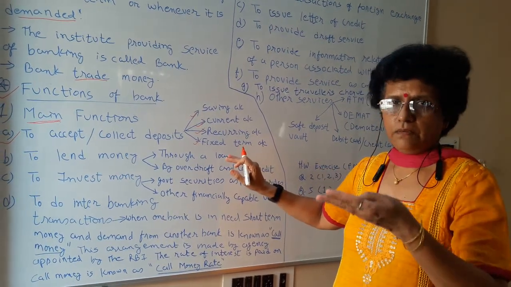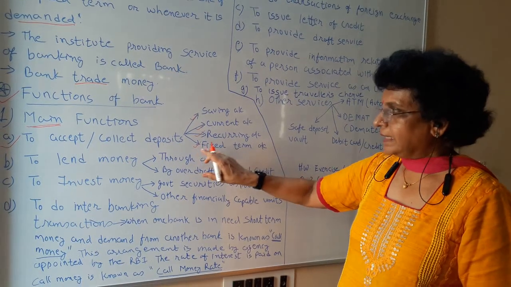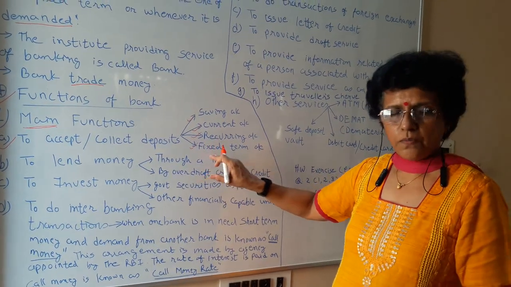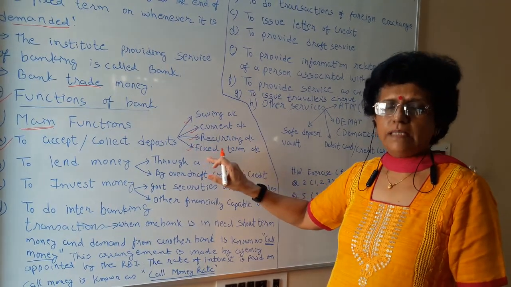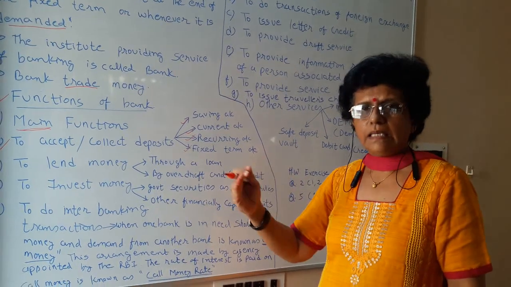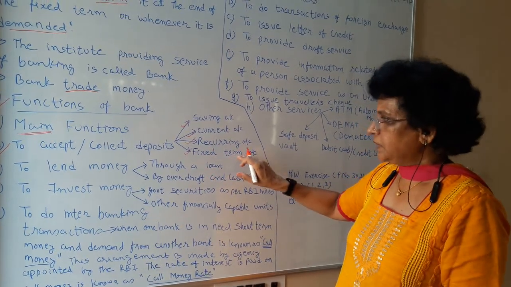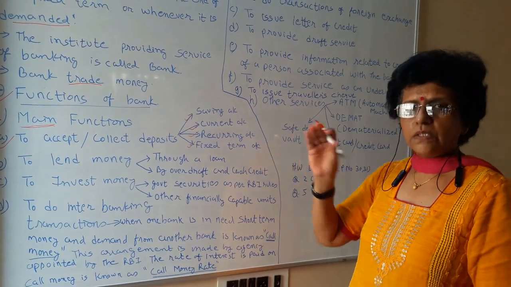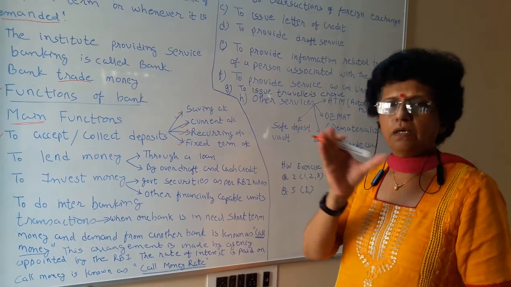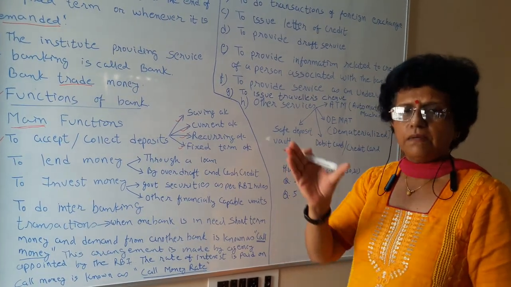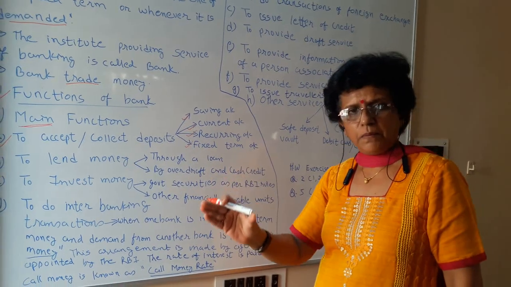a higher rate of interest, because a retired person or a housewife or those who are seeking a regular income go for the fixed term account, in which you are investing your money at a predetermined rate of interest for a predetermined period.